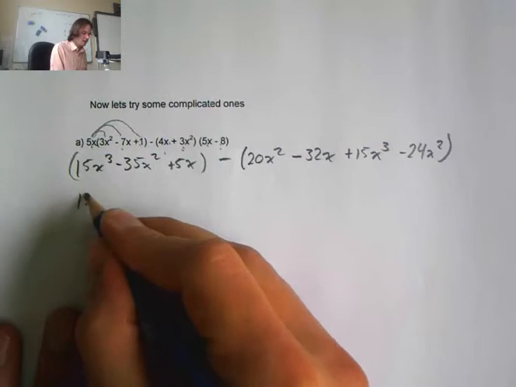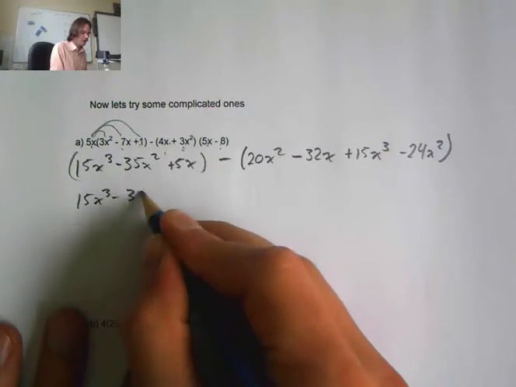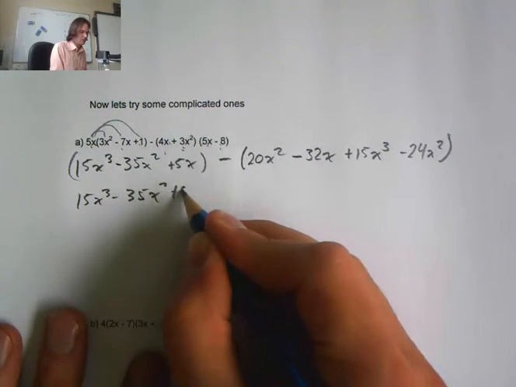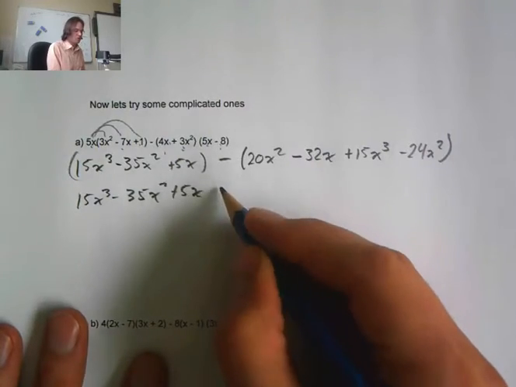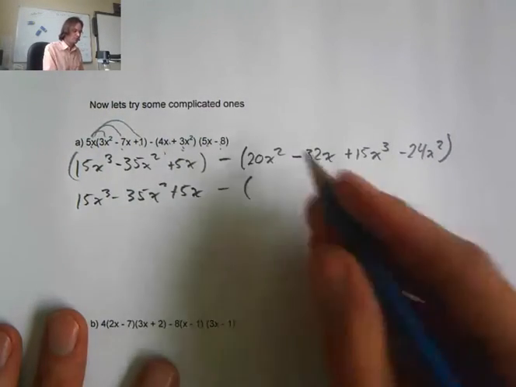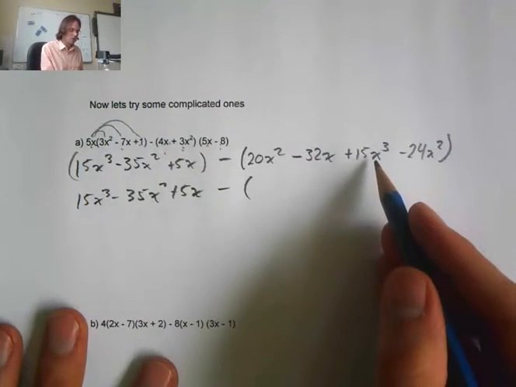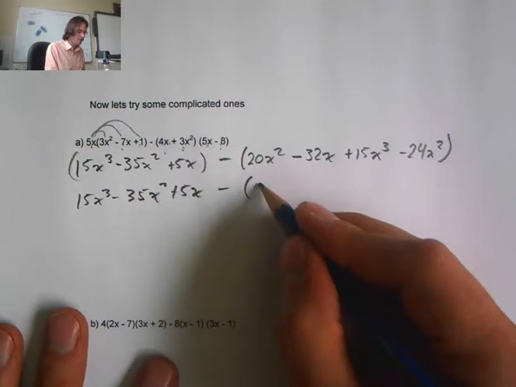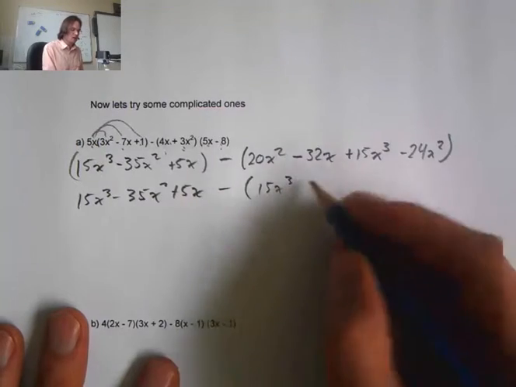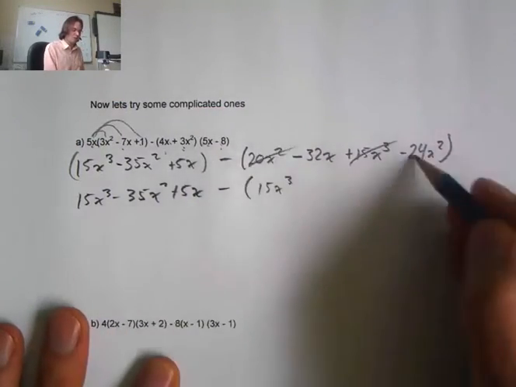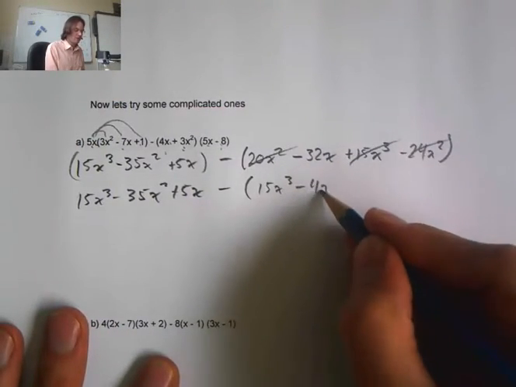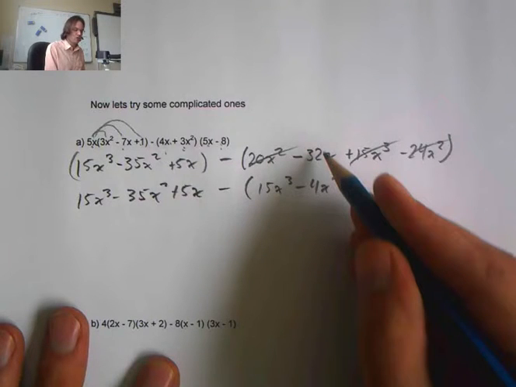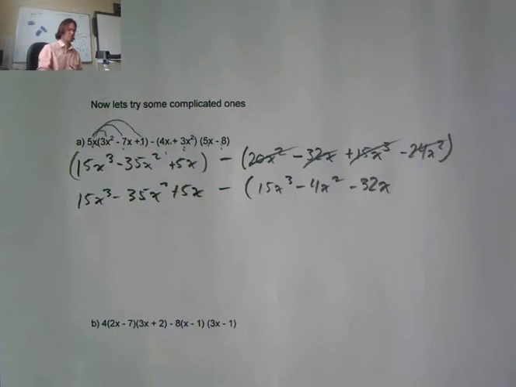So I have 15x to the power of 3 minus 35x squared plus 5x, and I want to subtract all of this. Well, let's combine this here or rearrange it. I'm going to be left with 4x squared, so I have 15x cubed, done, minus 4x squared, minus 32x.